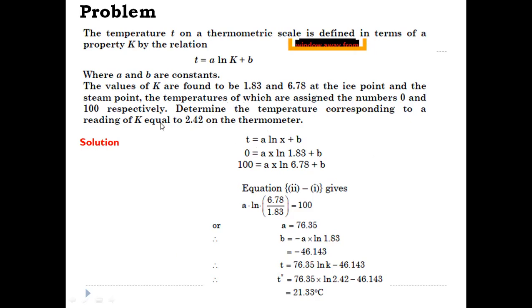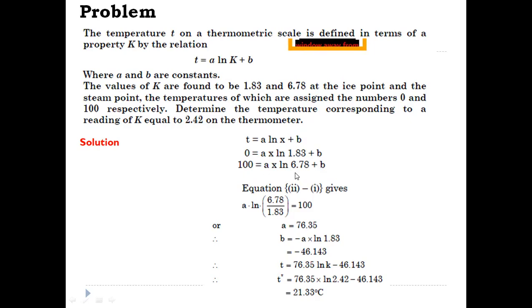So at T is equal to 0, K is 1.83. So substitute K is equal to 1.83 and T is equal to 0 to get the first equation. Similarly, at T is equal to 100 degrees centigrade, the value of K is 6.78.